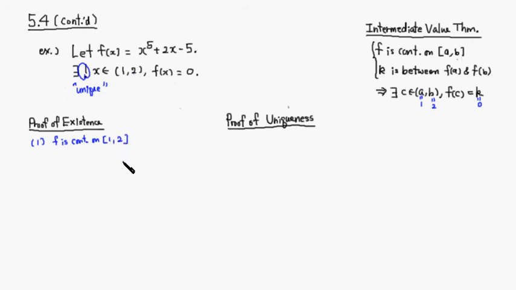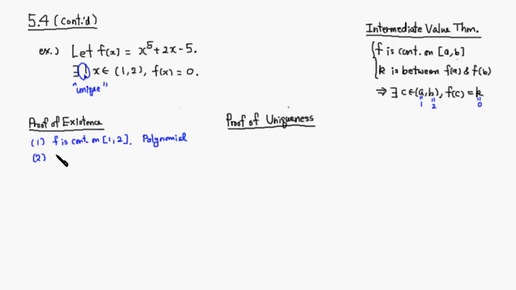The justification is that f is a polynomial function, so I would just say polynomial. Line 2: we have to verify that 0 is between f(1) and f(2).